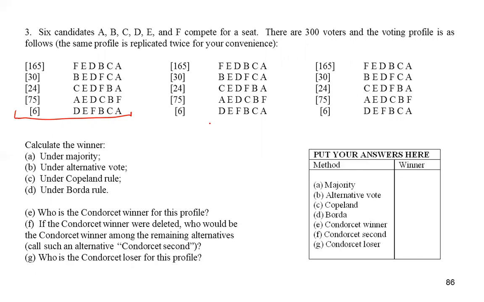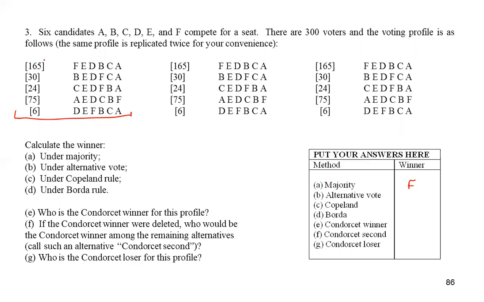So now it is tempting to start the procedure for the alternative vote. But actually, we have to remember one tricky but very simple aspect of alternative vote and many other voting methods. First, you have to check if there is a majority winner.